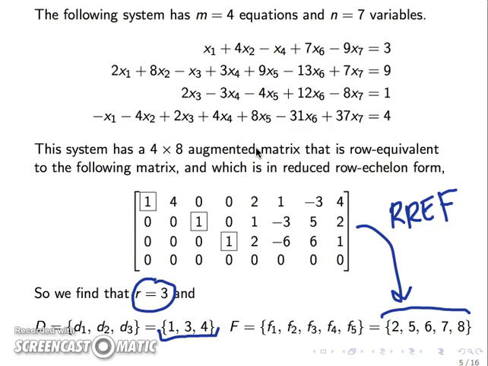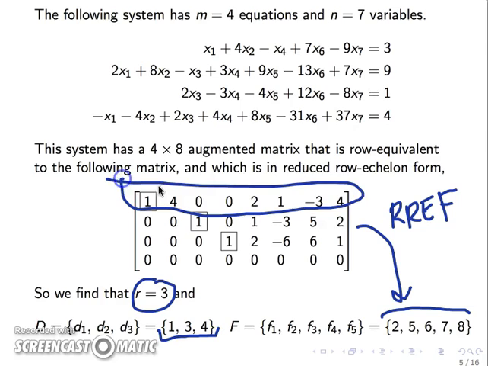So this is, of course, information that comes from this first row in the RREF. Remember, this is a row of an augmented matrix. The last column denotes the number that's on the other side of the equal sign.